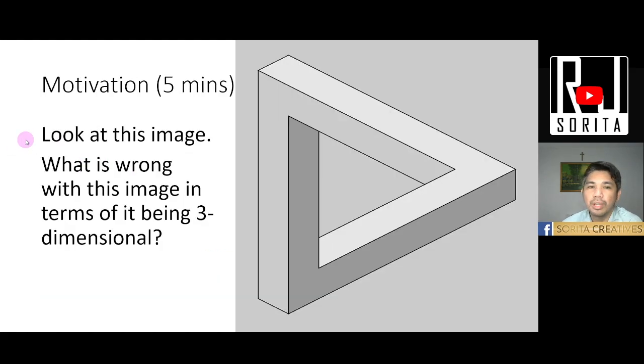So let me show you this. Look at the image on the right. Tell me what is wrong with this image in terms of it being three-dimensional. You might guess that this object or this picture is sort of an optical illusion, right?